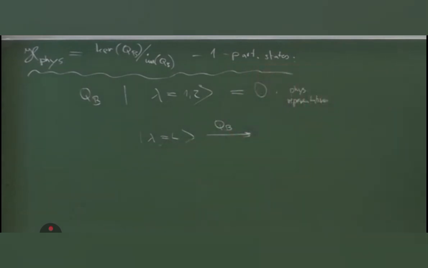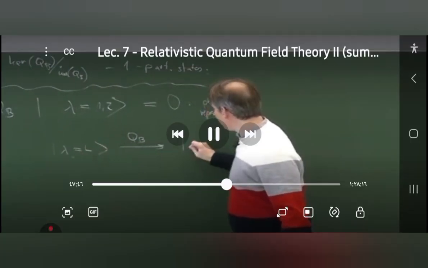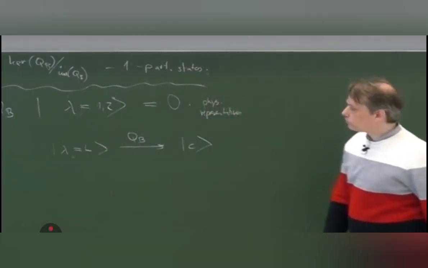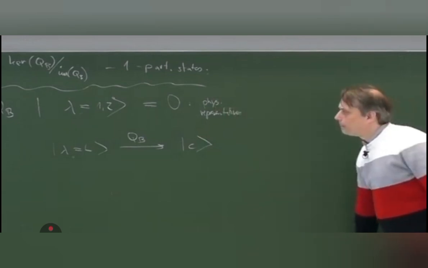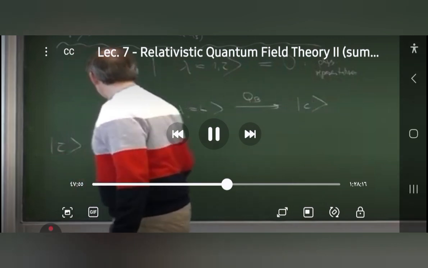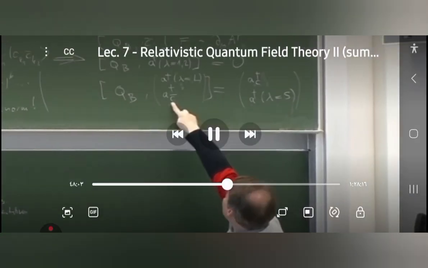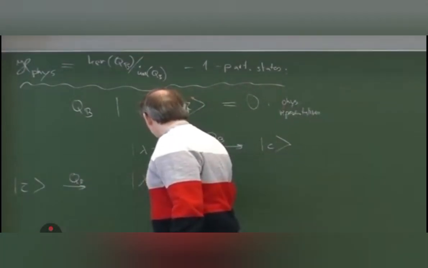I can look it up here. I get the commutator of QB with A dagger of L, I get A dagger of C. So if I apply QB onto that state, I get a ghost state. On the other hand, let us start here with an anti-ghost state. What happens if I apply QB onto an anti-ghost state? I get the scalar polarization of the vector field. So I get a state with lambda equal S.